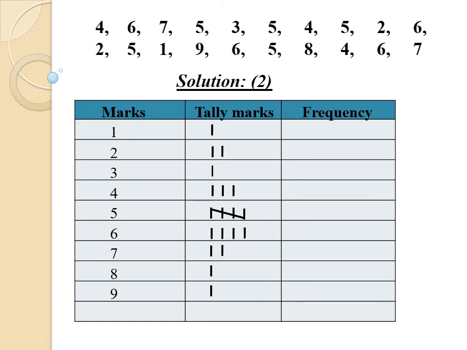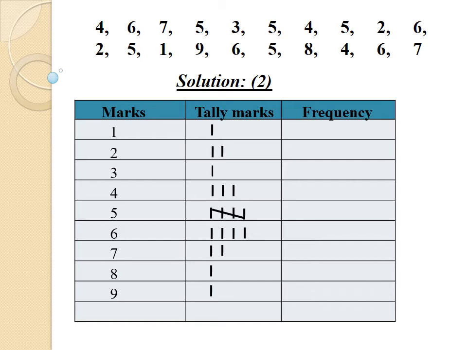Students, after completing the second column, we have to complete the third column, that is frequency. We know that frequency means the number of times a particular observation occurs. Thus, 1 occurs one time.